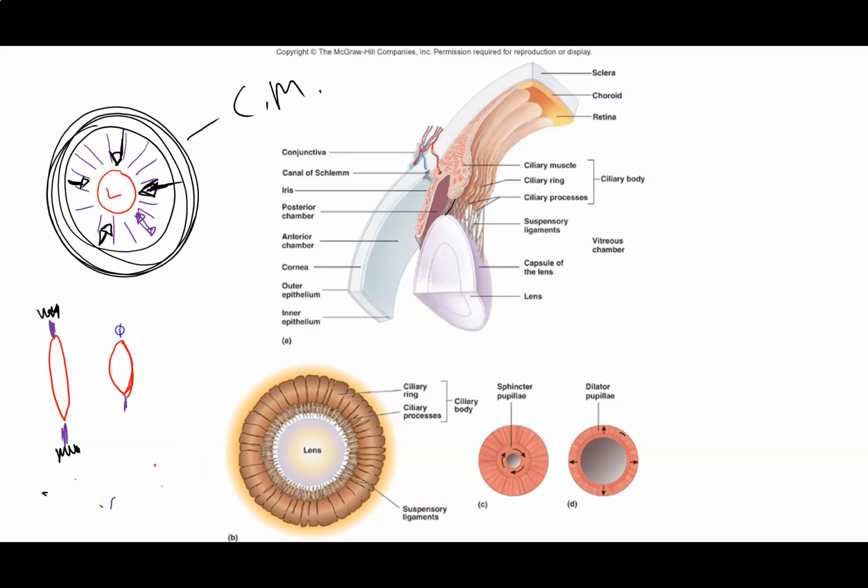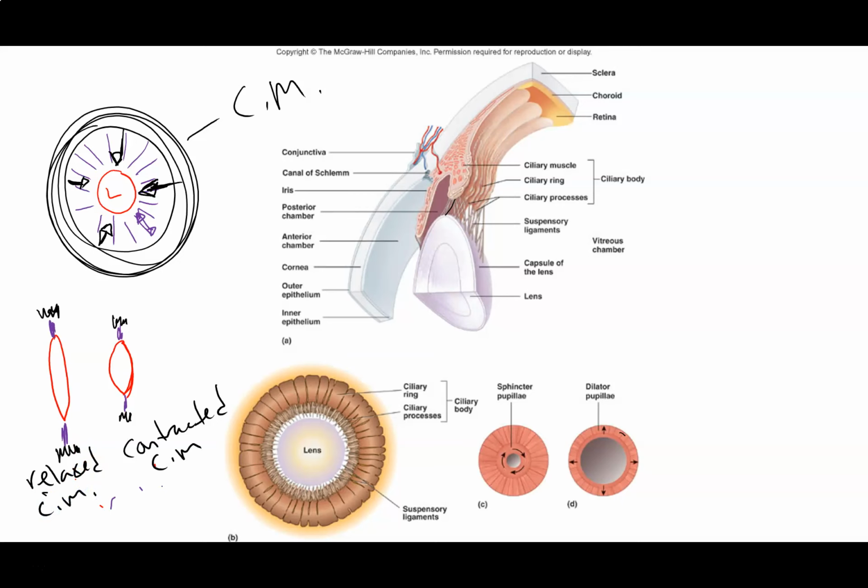This is part of the process of focusing light, which is also known as accommodation. And so we have contracted ciliary muscle, and we have relaxed ciliary muscle.